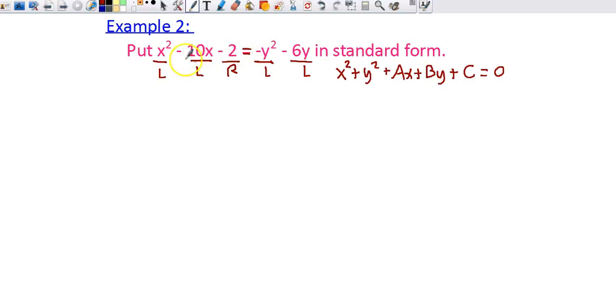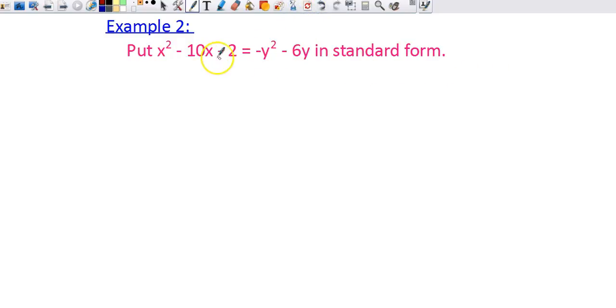So we're going to do some moving here. Anytime you want to move a term to the other side of the equation, change the sign. I'm going to leave the x squared minus 10x alone. Those are good. I'm going to move the 2 over here, because remember we want to add the 2.